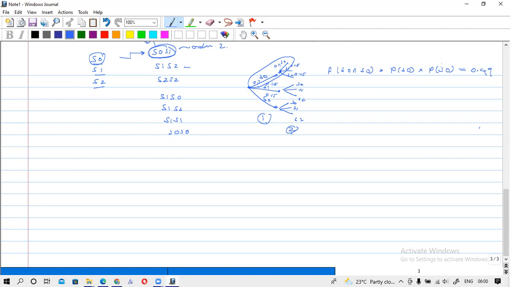If you are going through this branch, it is S0 S1, so P(S0 S1) will be P(S0) into P(S1). P(S0) is 0.7, P(S1) is 0.15. So what is the value here? It will be 0.105.